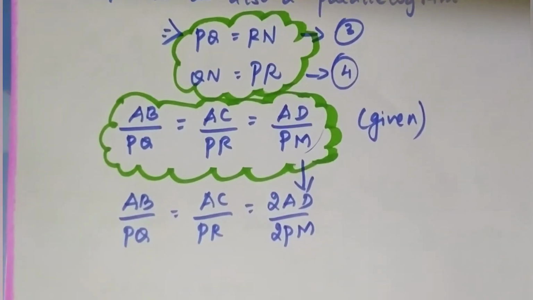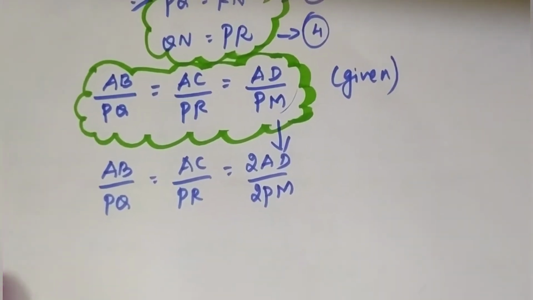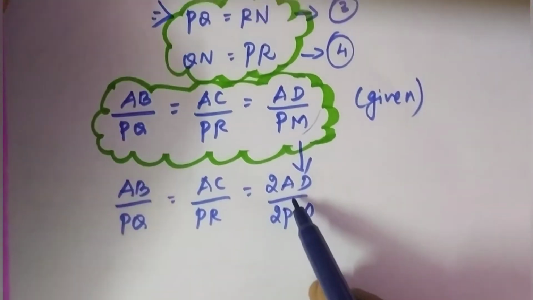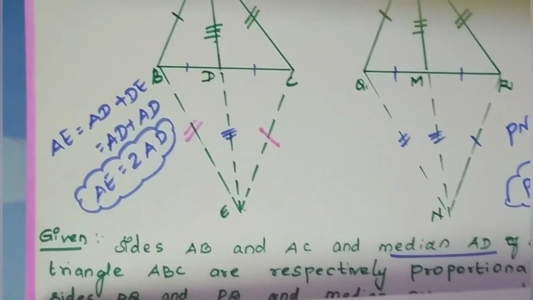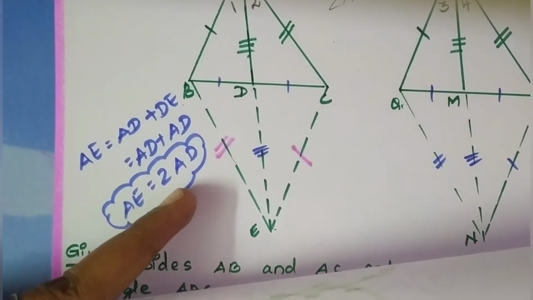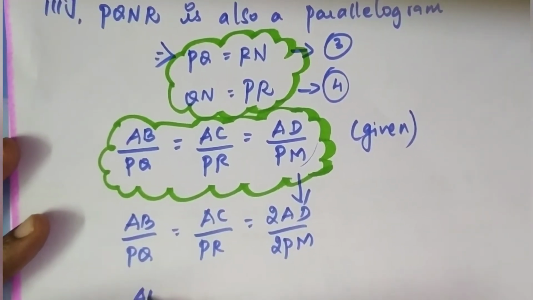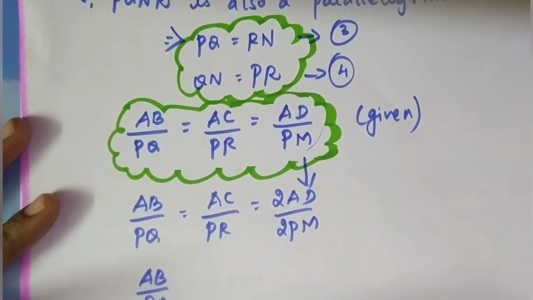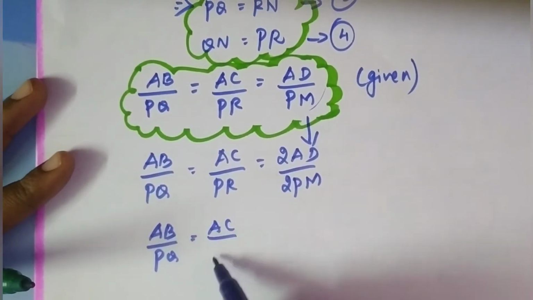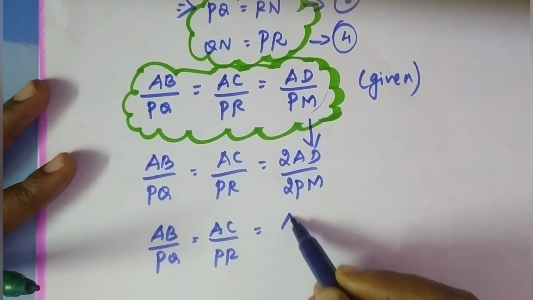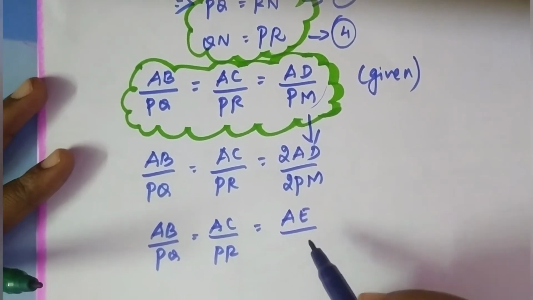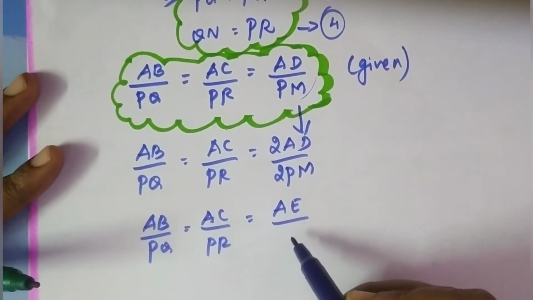What I proved just now is that AE is equal to 2AD. So instead of this I am going to substitute AE divided by PN.